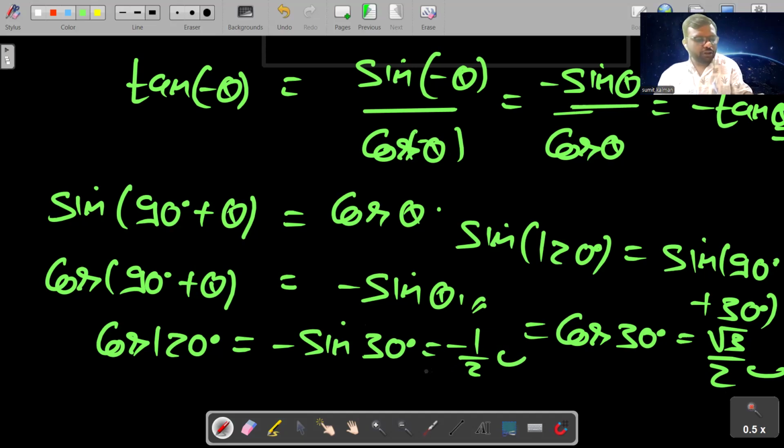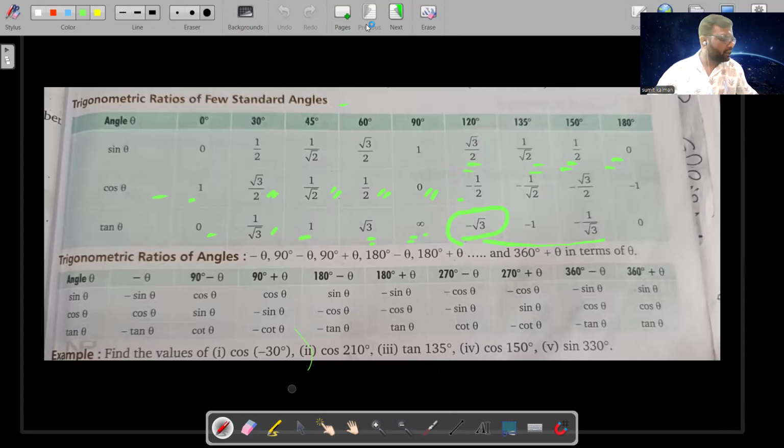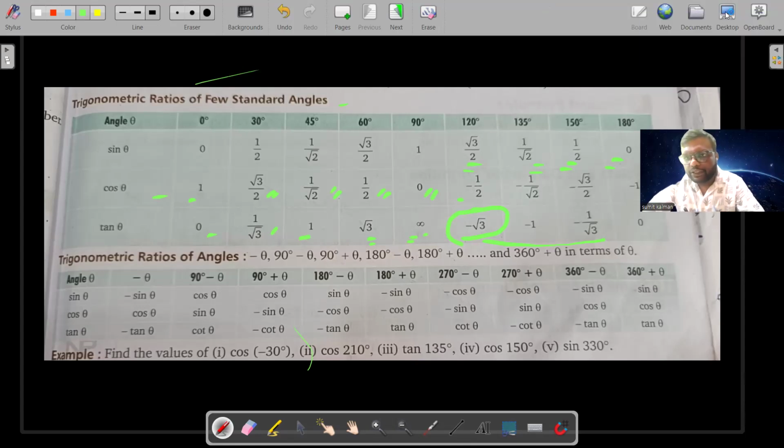So this was all about trigonometry. And students, there are some trigonometric formulas. Let me show. This is important for your 11th and 12th.